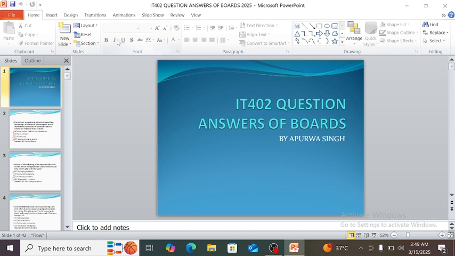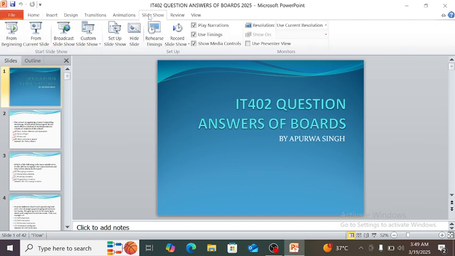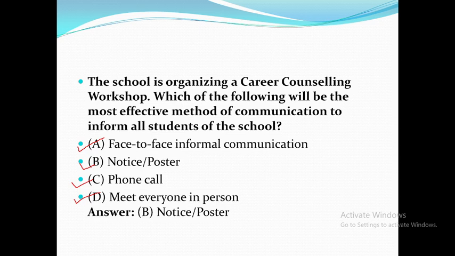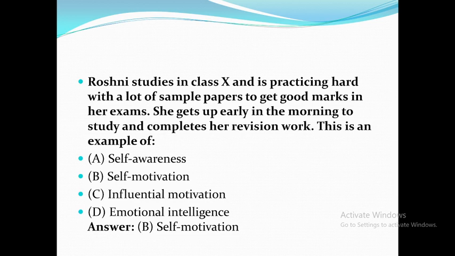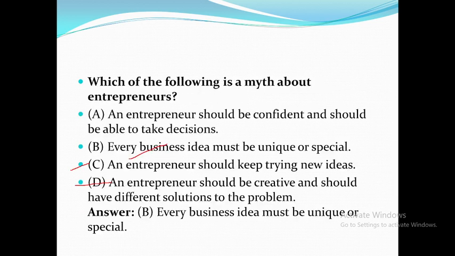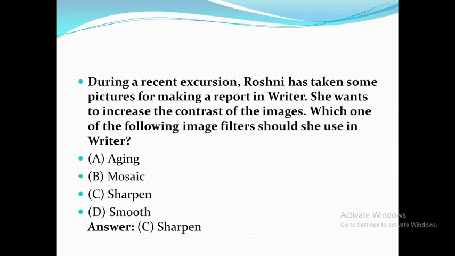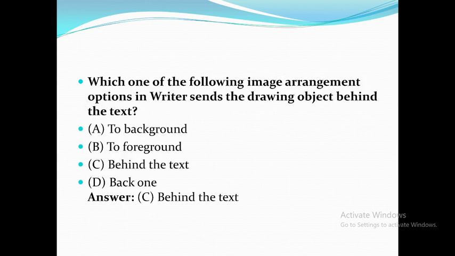So in total we have 50 marks of questions, and we also know that the rest 50 marks we are getting from our practical sessions. I have discussed a few of these questions, what the answers will be, and these were the MCQs. Now I will discuss the next question.